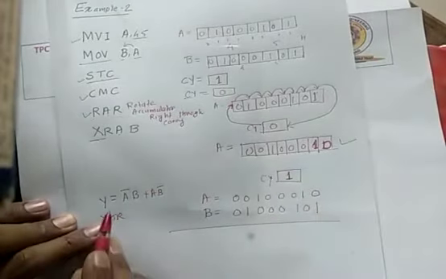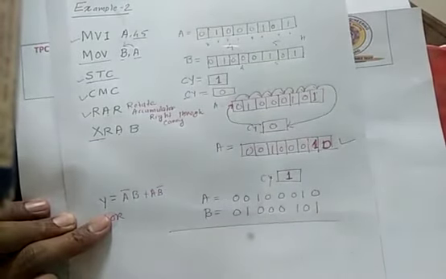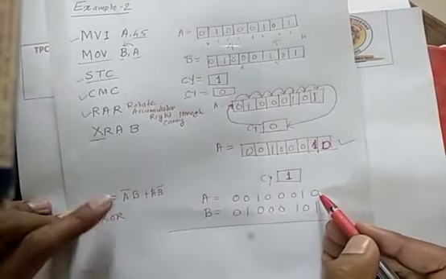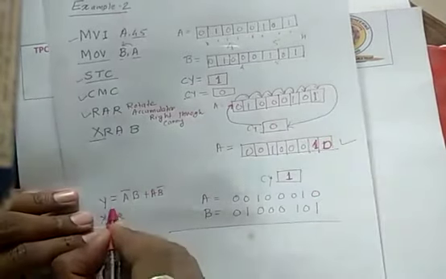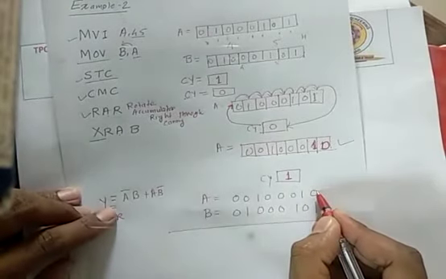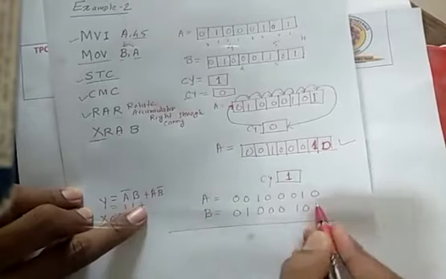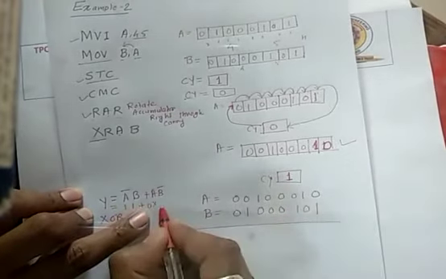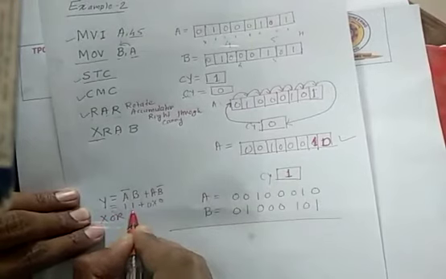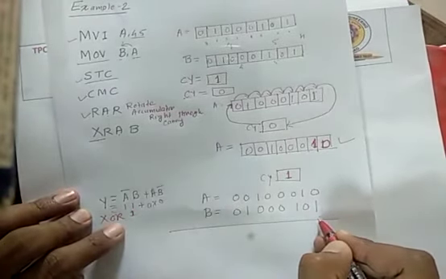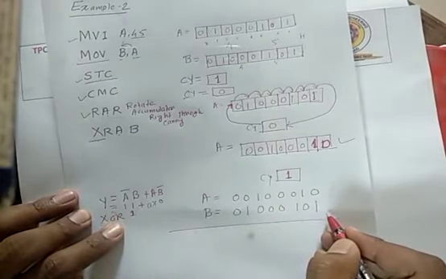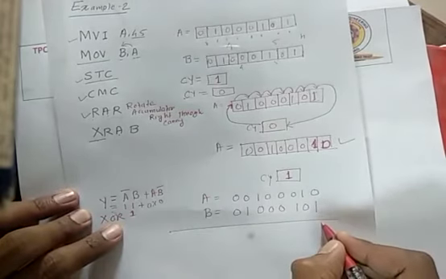In the case of XOR, when the inputs are different the output is 1, and when the inputs are the same the output is 0. For example, A is 0, inverted it is 1, and B is 1, so 1 times 1 is 1. Different inputs, output 1.